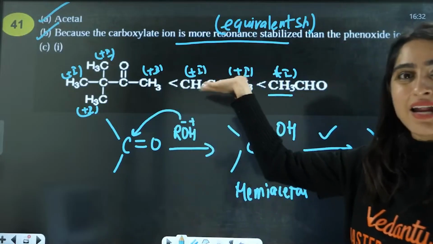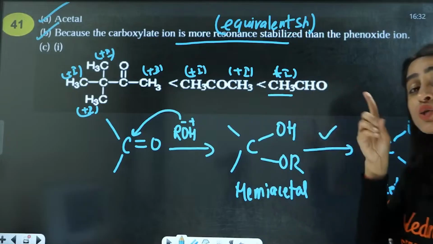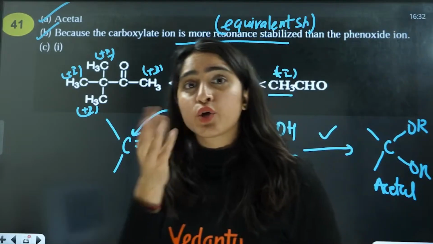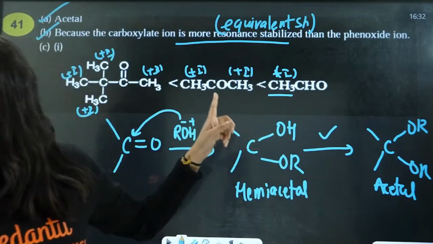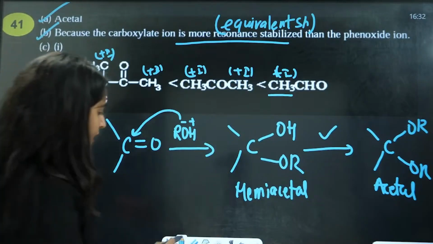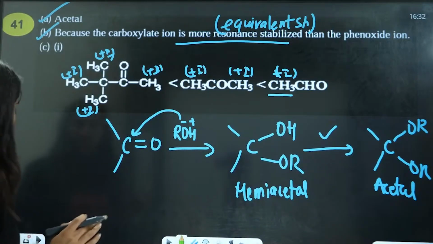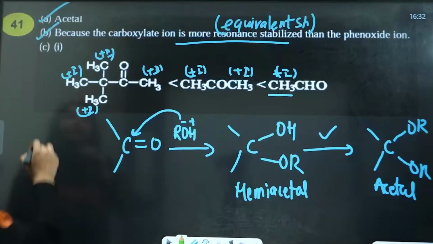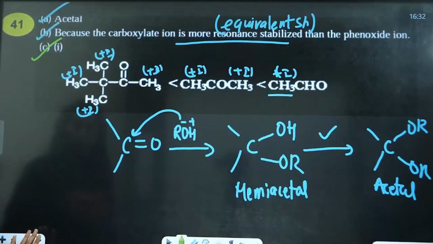This one is maximum electron deficient because it has just one CH3 group to help it. So that is why the order is going to be this one. Understood this? Any problem till now? We have done this also.